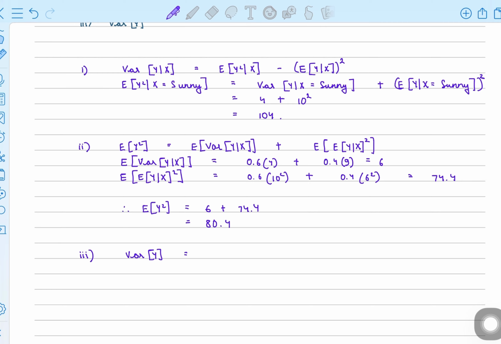To calculate the variance of y, we use the fourth identity, also known as the law of total variance. We already know from the second part that the expectation of the conditional variance is 6.